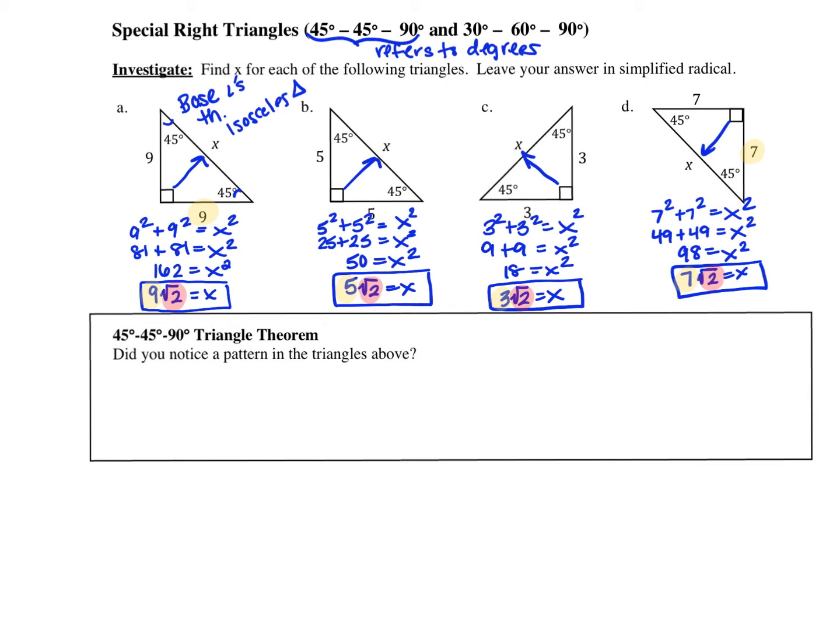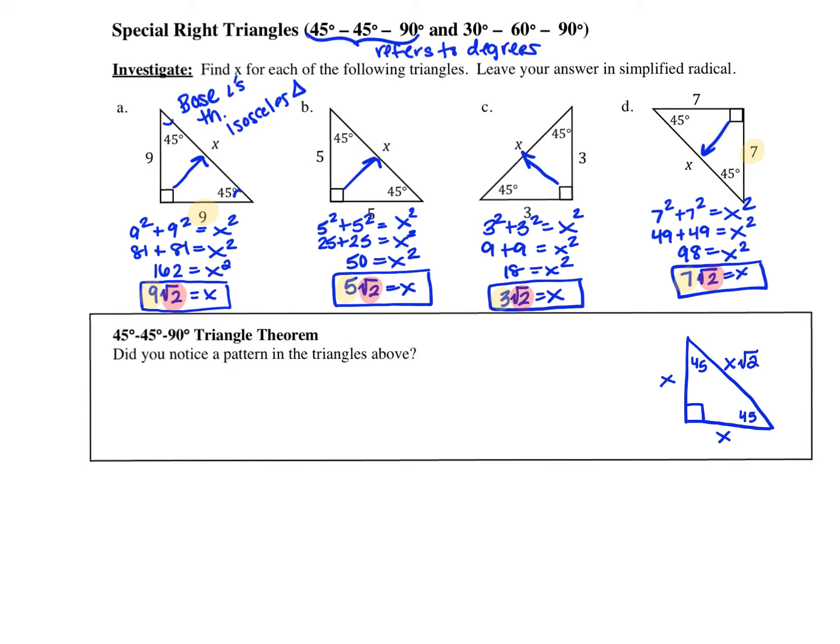Anytime you have a 45-45-90 triangle, let's draw one of those here. So we have 45, 45, and 90. We have some side lengths, and your hypotenuse is always going to be this side length times root 2.